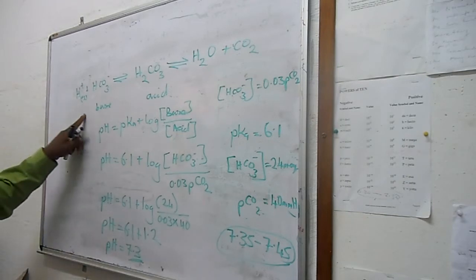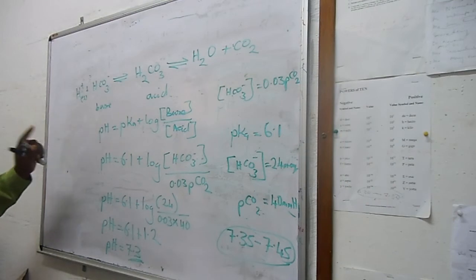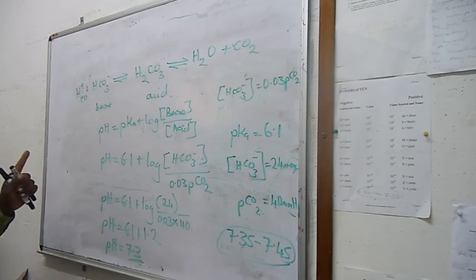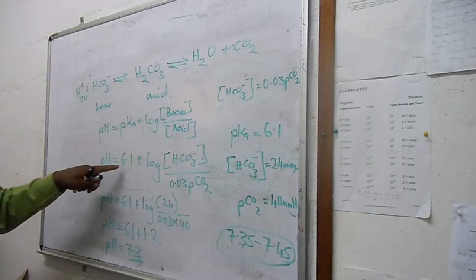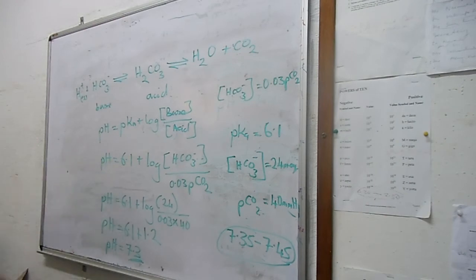So this is another buffer that can be used in the human body. In the human body we've talked about two buffers: the phosphate buffer, whose pH is around 7.2, and the bicarbonate buffer, whose pKa is around 6.1.